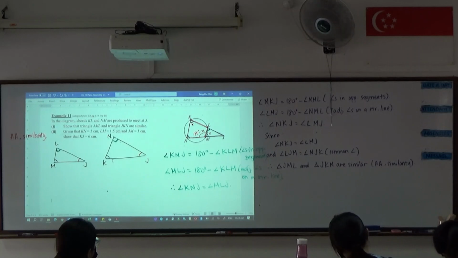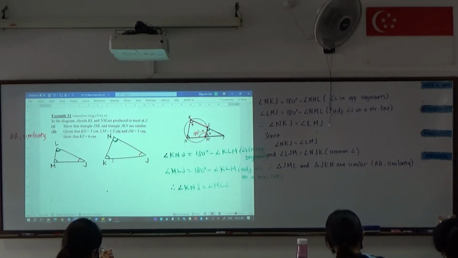So it doesn't matter in this particular question which pair of angles you choose.